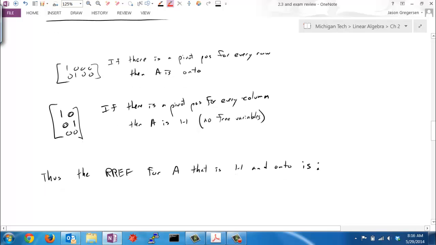So if our transformation is one to one and onto, if we take A and row reduce it, what should it row reduce to? What should the row reduced form of A look like? Absolutely, it has to have one pivot position for every row and every column. So it looks something like the identity.